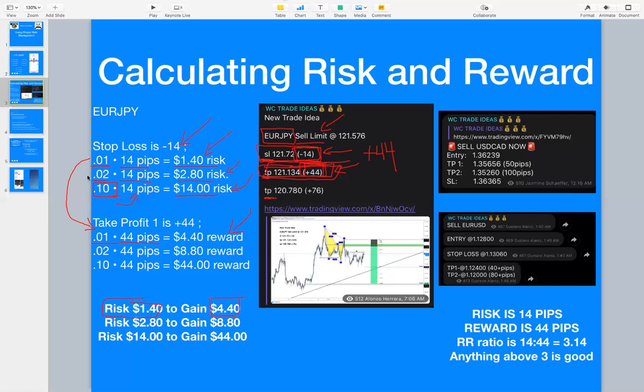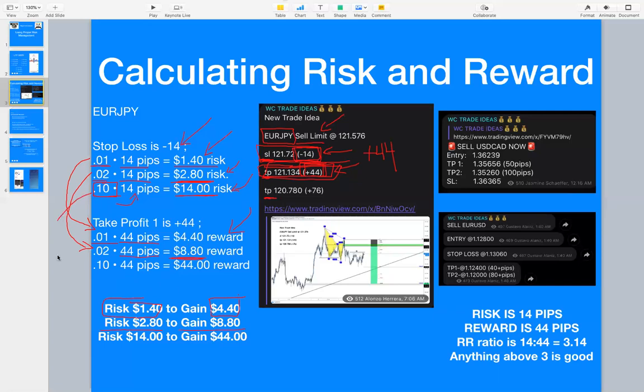Say 20 cents: our risk was $2.80, and our reward, 20 cents times 44 pips, is $8.80. So essentially we risked $2.80 to gain $8.80.